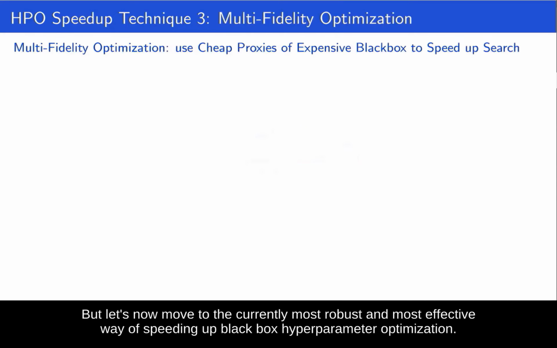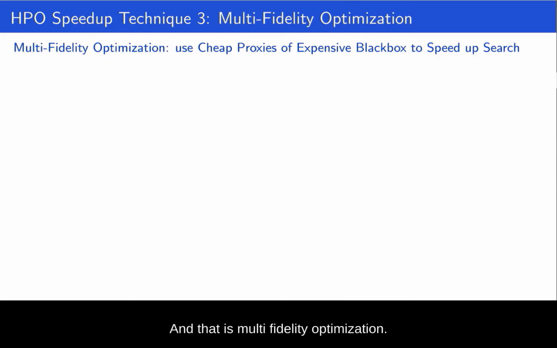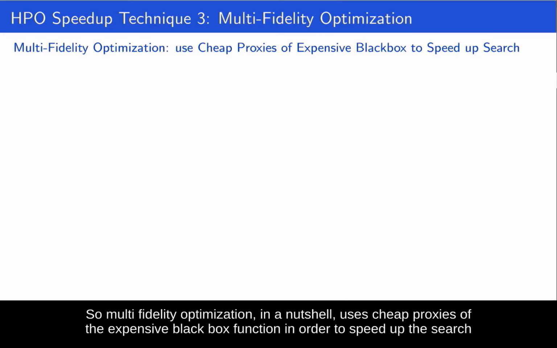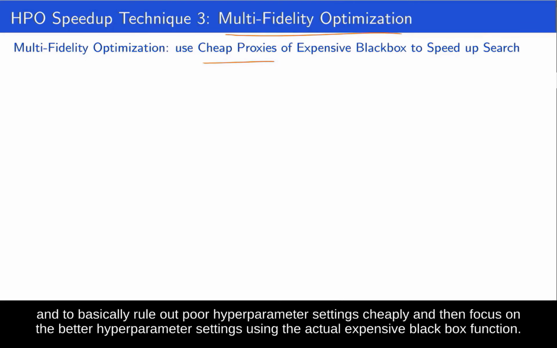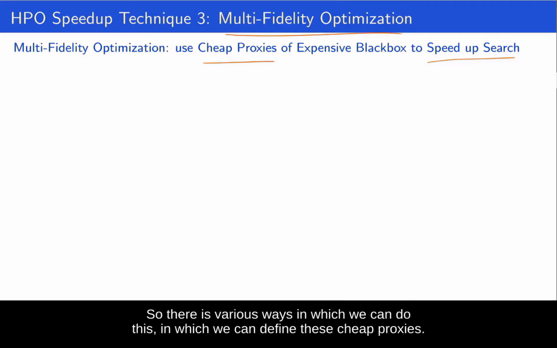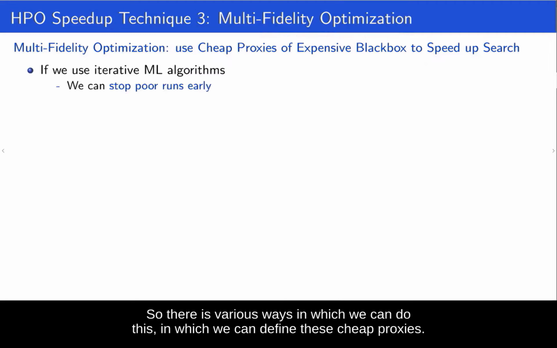But let's now move to the currently most robust and most effective way of speeding up Blackbox hyperparameter optimization. And that is multi-fidelity optimization. Multi-fidelity optimization, in a nutshell, uses cheap proxies of the expensive Blackbox function in order to speed up the search and to rule out poor hyperparameter settings cheaply and then focus on the better hyperparameter settings using the actual expensive Blackbox function.